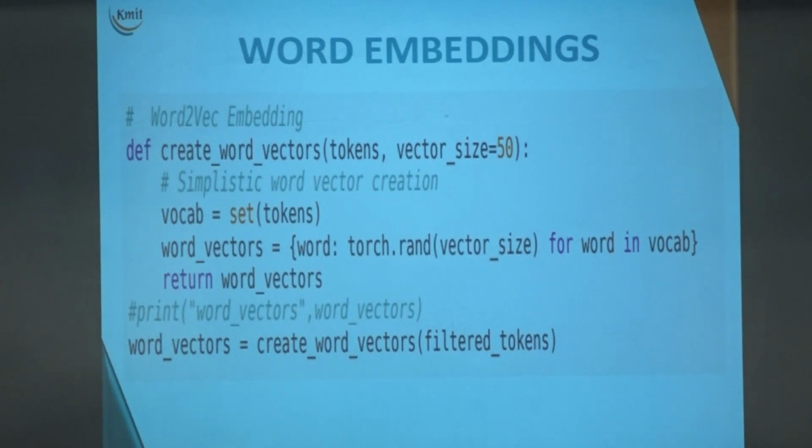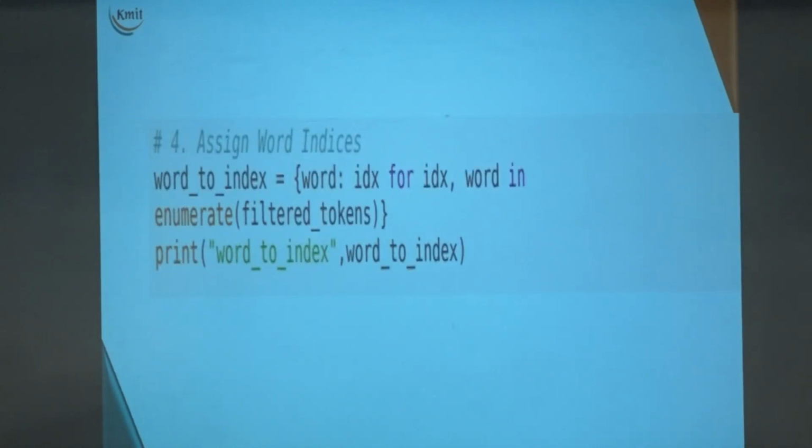Clear enough? Now, once you have got that, apart from that, you also require, see, the word, it will not understand. So you have to make sure you convert that word into an index. So word to index conversion is needed, for which you already know in Python we have a method called enumerate.